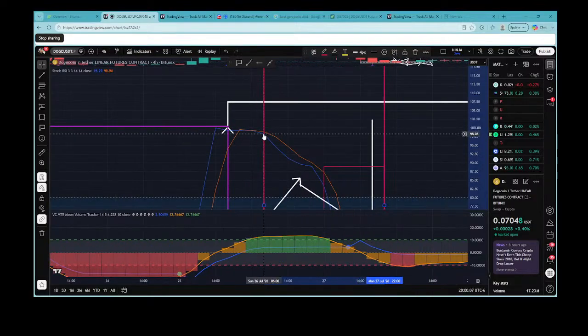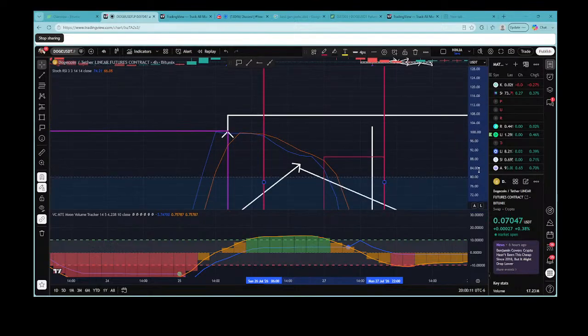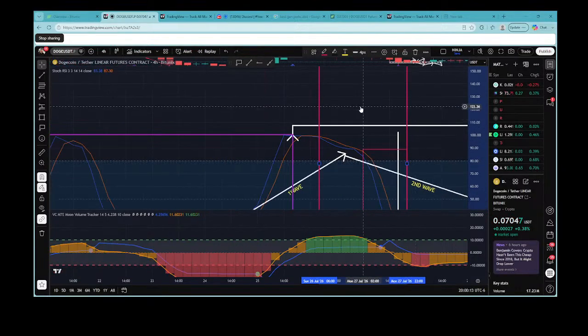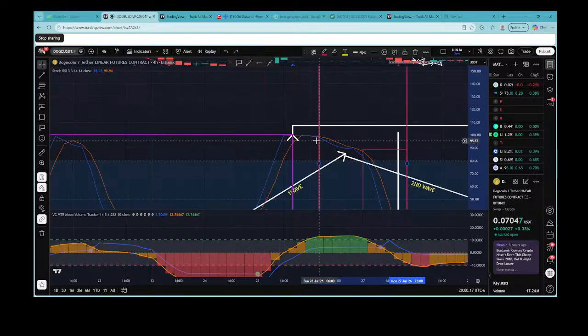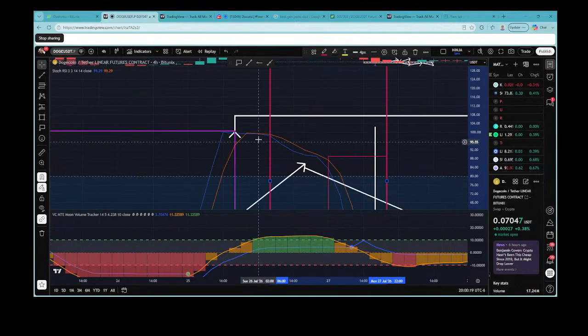Okay, so that's move one, because that kind of answers my question, because now where it comes down, they almost touch again, right where you've got the arrow. So if I'm looking at that in real time, the way I'm interpreting it, it's telling me don't get in because it didn't cross. Well, it's also topped, right?